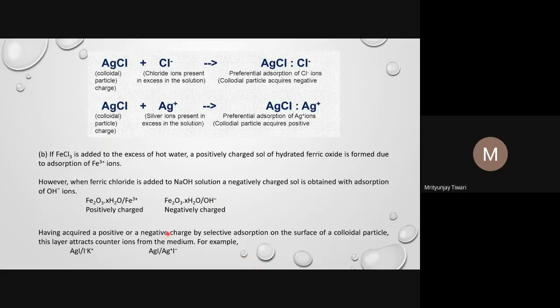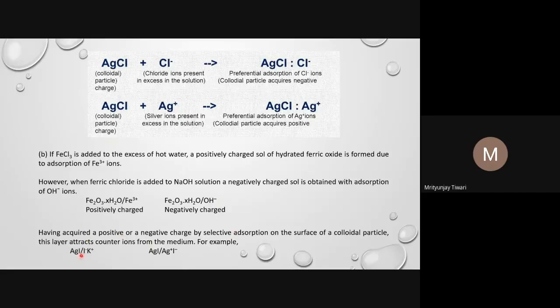Depending on that, this layer attracts counter ions, since the surfaces contain a certain charge, and because of the adsorption of these ions, they attract counter ions from the solution.